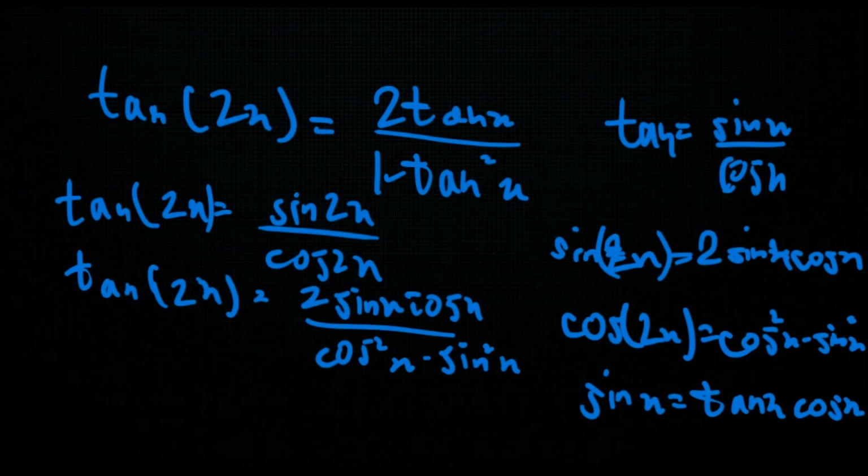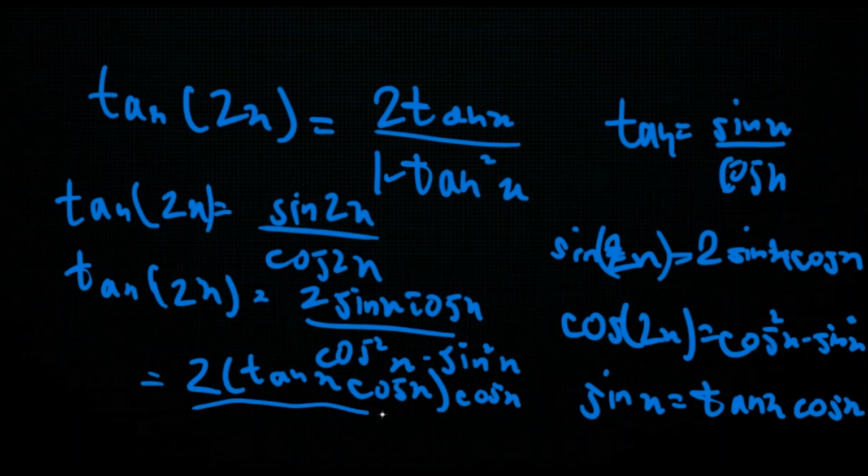So let's apply the formula in this equation: 2 tan x cosine x times cosine x divided by cosine squared x minus tan squared x cosine squared x.